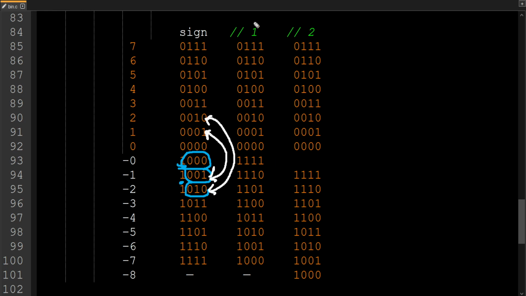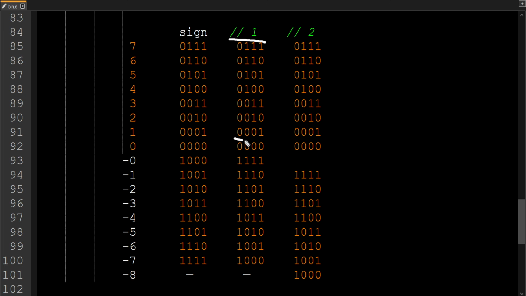Then first complement, which was used in some very ancient arithmetic, some ancient ways to calculate stuff, like 50 years ago or even more. In this system we just invert bits.